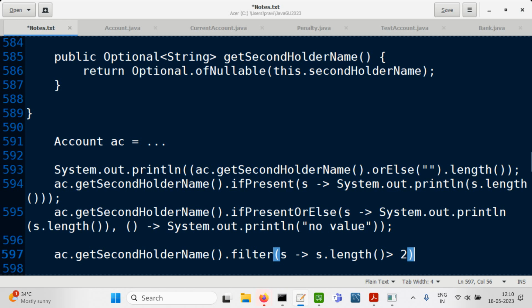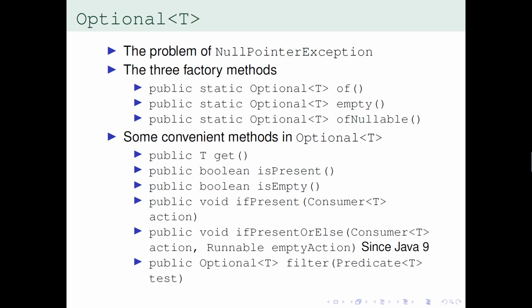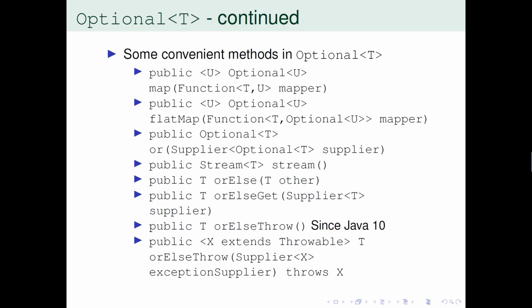So here if I ask for is empty, you'll only get those where the length is greater than 2, otherwise it is an empty one. Here we are enhancing the optional object, making a change on the optional object based on a test.